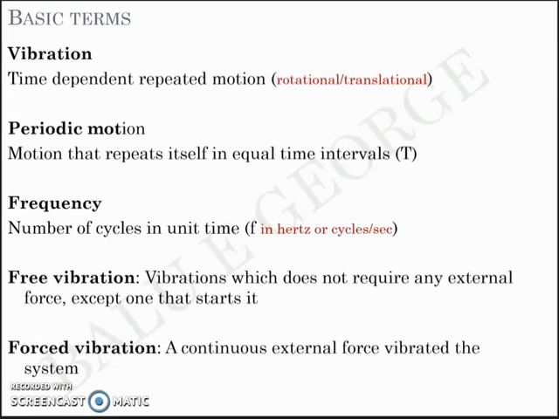Whereas a forced vibration, a continuous external force is added to the system to continue the vibration. So the difference is that in the first system, only the exciting force, or the one that excites the vibration initially, has to be provided, and later on it will continue to vibrate on its own. Whereas in a forced vibration system, a continuous external force vibrates the system.